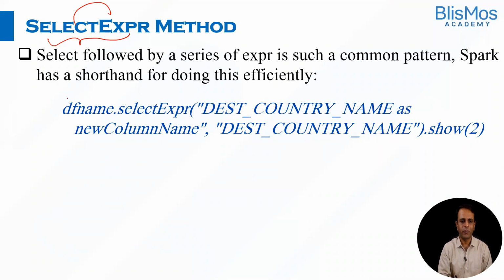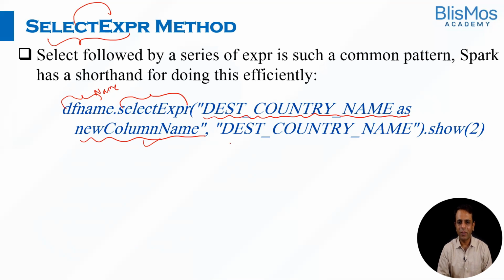The way you should use it, as usual, this is the data frame name, and here comes our selectExpr method. If you see what we are trying to do here, this is an expression. This whole thing is an expression. Here, essentially we are trying to rename the destination country name as a new column name. It can be anything.